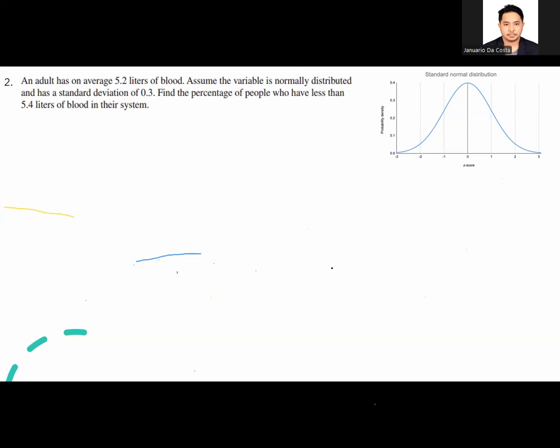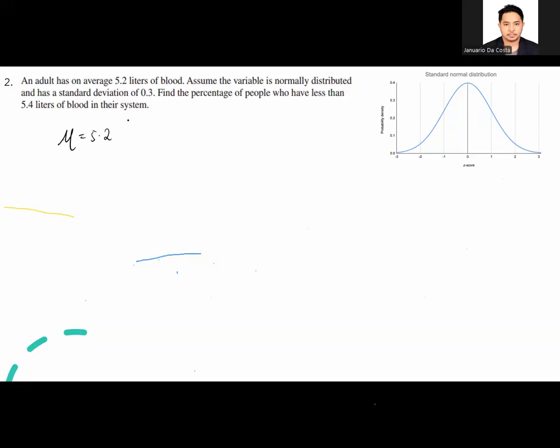Okay, an adult has on average 5.2 liters of blood. That means the volume of the average, so the mean is 5.2 liters.